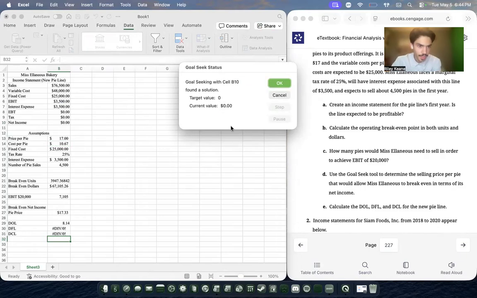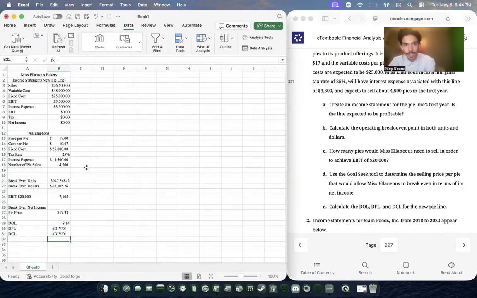So if we were to reduce our cost by a pie also by 33 cents, we would get our net income to zero, similarly to what we were looking at earlier. So it seems that our price to cost spread is too close to currently turn a profit.